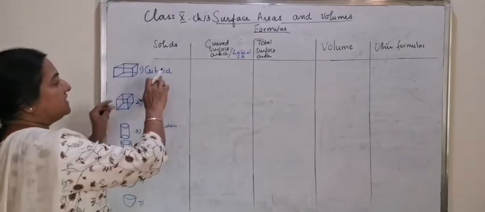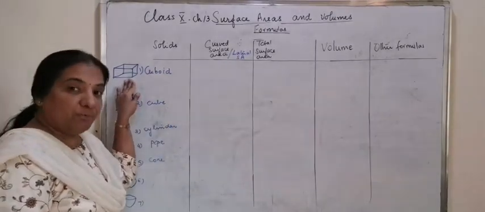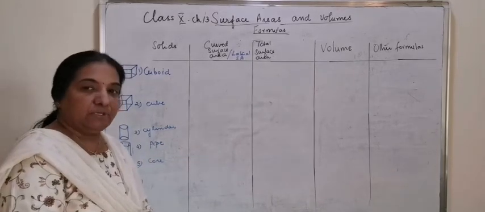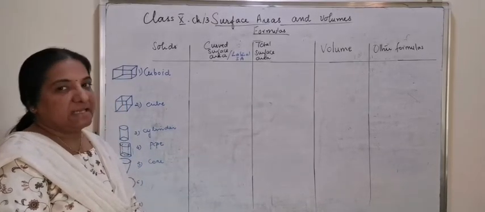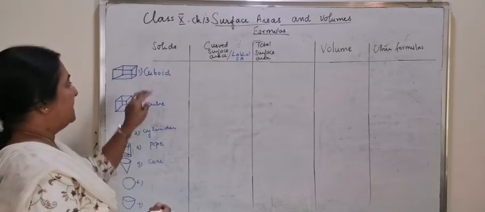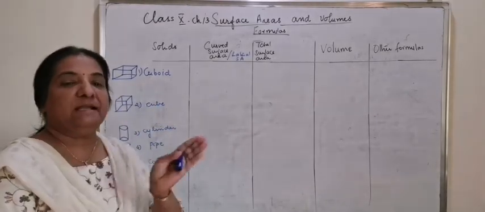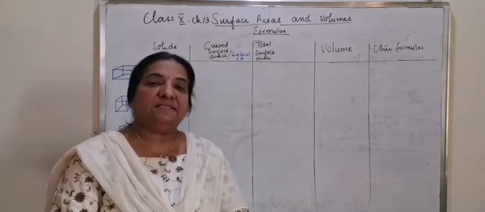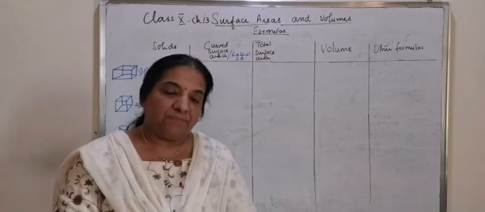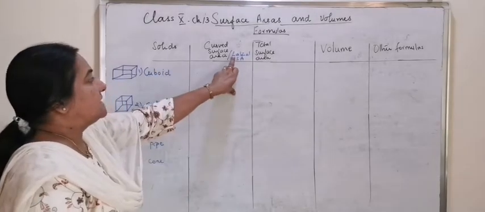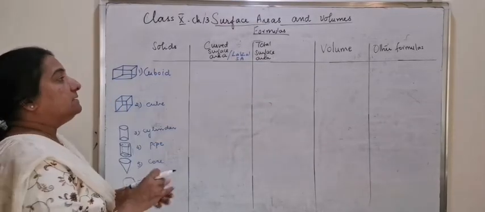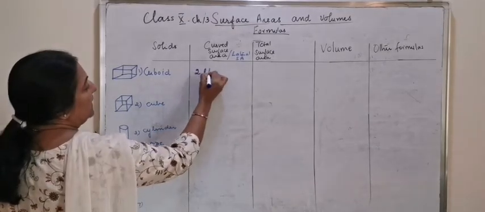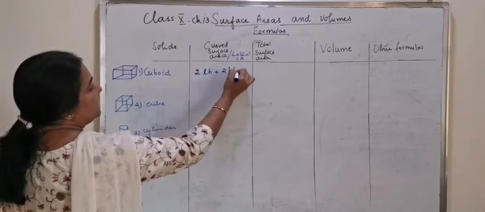The first solid is a cuboid. A cuboid has 6 faces and the faces are rectangular. There are 12 edges and 8 vertices. Now, if you consider only the outer surface of the cuboid excluding the base as well as the top face, you will call it the lateral surface area, and the lateral surface area of a cuboid is 2LH plus 2BH.